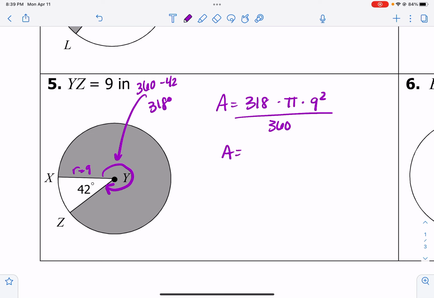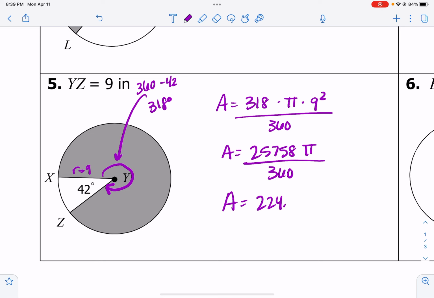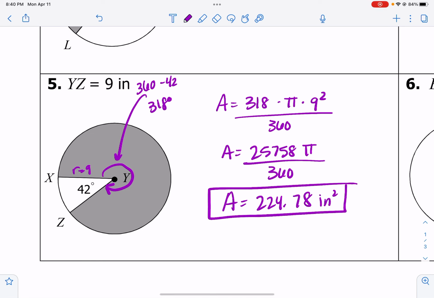Multiplying out the constants, we get 25,758 pi divided by 360. So I'm given an area of 224.78 inches squared. So again, all we had to do was know how to find this reflex angle.